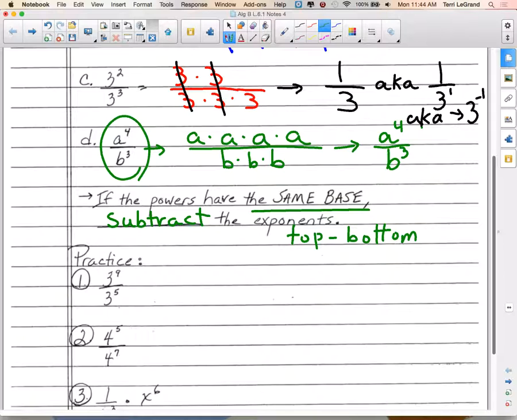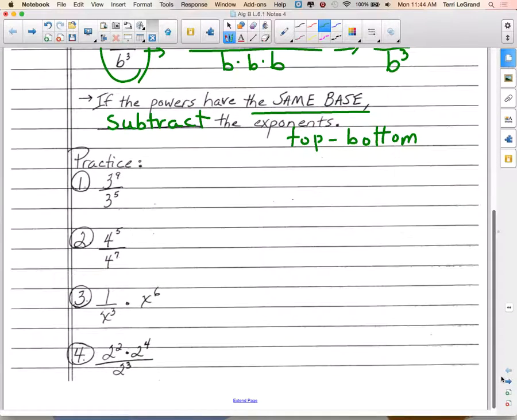So here's how we will show our work today. 3 to the 9th divided by 3 to the 5th is the same as, using our shortcut, 3 to the fourth power. 9 take away 5, because that's what you did in your head to get 4, wasn't it? So you're going to show me that.